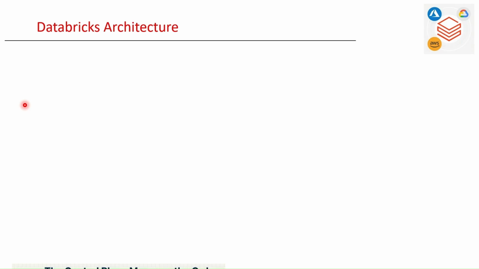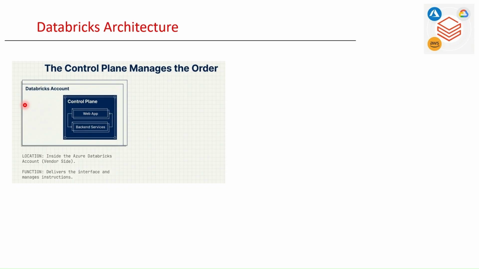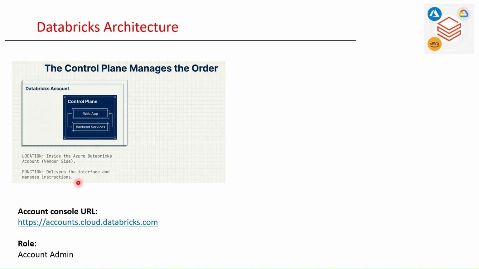Now let's recap. The control plane manages the orders. If I give you another analogy to understand this better, the control plane is like the part of a restaurant that manages the orders. It sits inside your Azure Databricks account, on the vendor side, the Databricks side. Its function is to deliver the interface and manage instructions. You can access the account console via this URL, and the role you need in order to access your control plane is account admin.